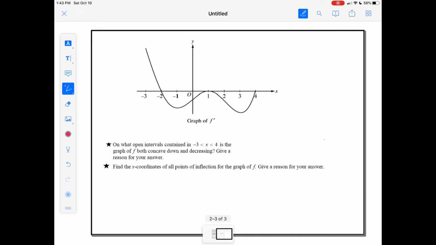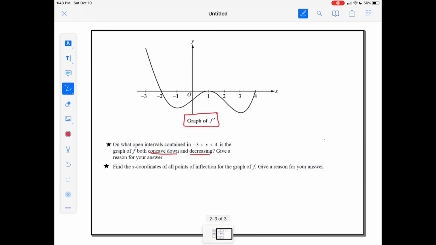Here is a question. This is an old free response question where we're given that this graph is f prime. This is the derivative graph. And they're asking over what intervals from -3 to 4 is f both concave down and decreasing. So again, I'm going to think about this in terms of f prime.